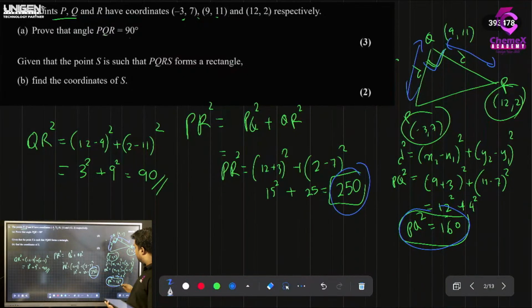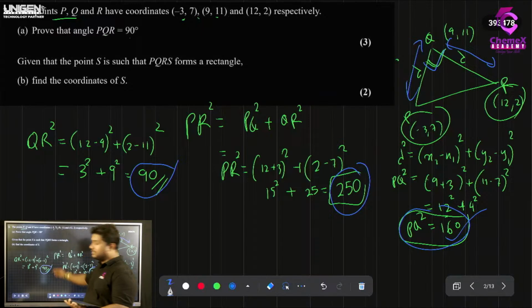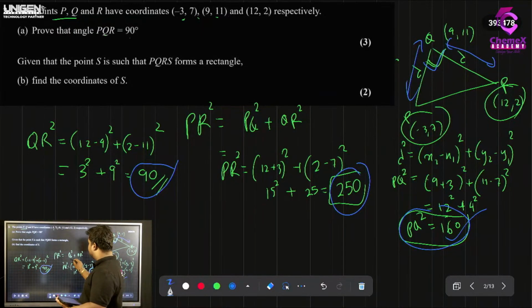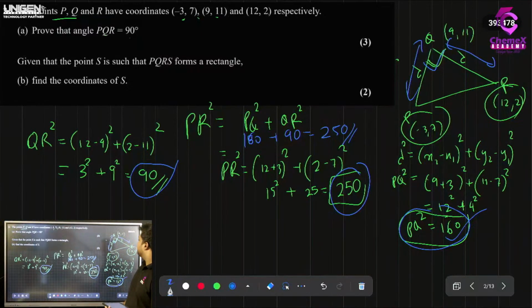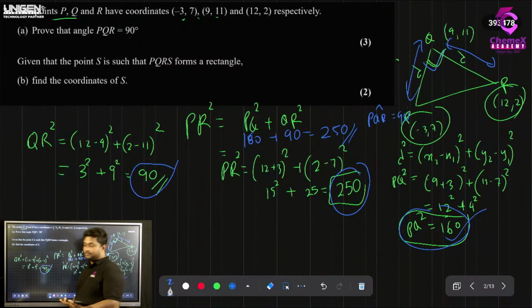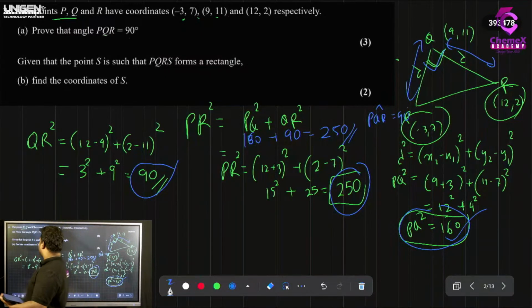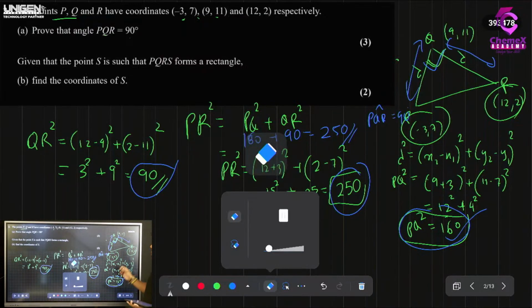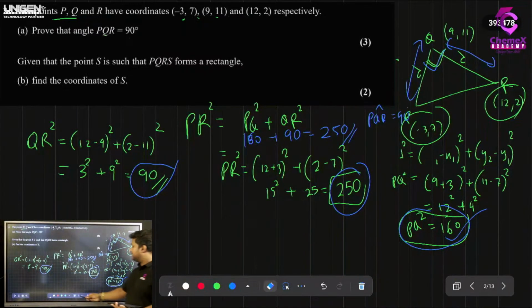So 160 plus 90, is it 250? Yes. So I just proved it's 90. Therefore, you can say angle PQR is 90 degrees. Got it? Any doubts with that? This is Pythagoras theorem and getting the distances.